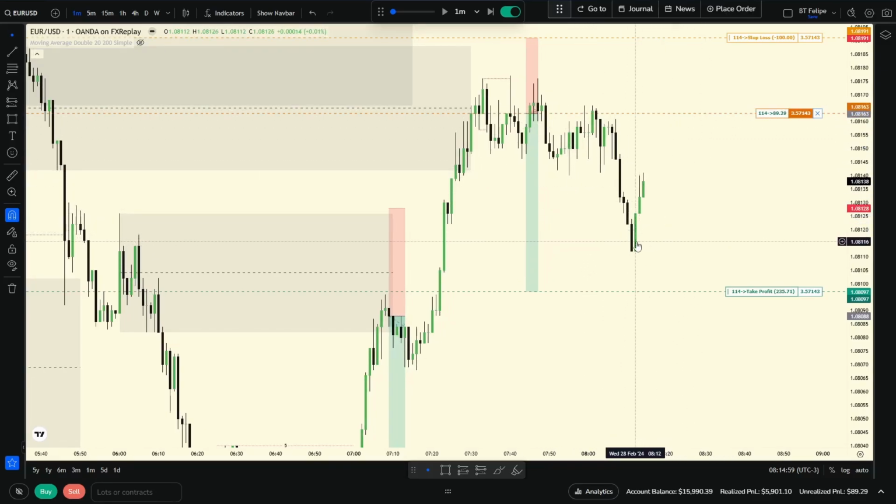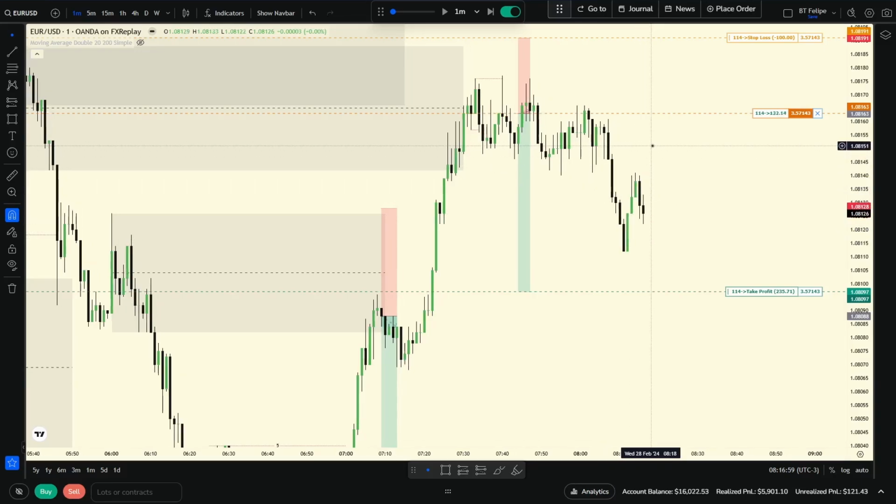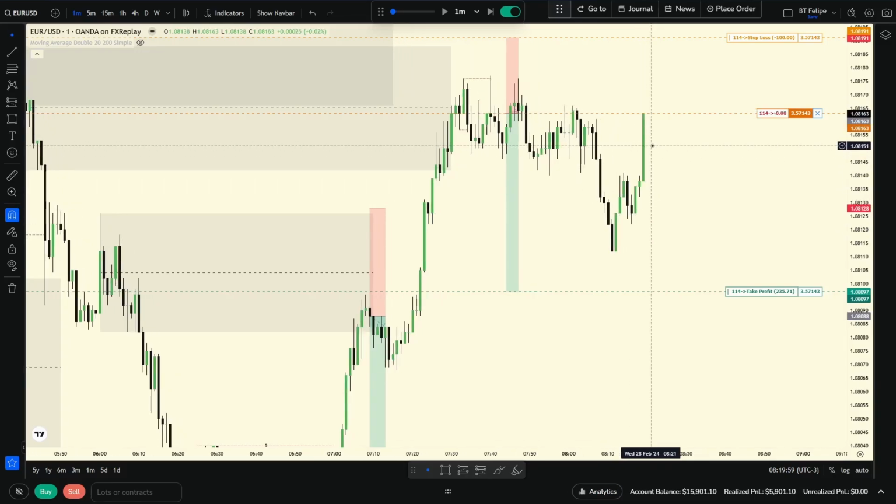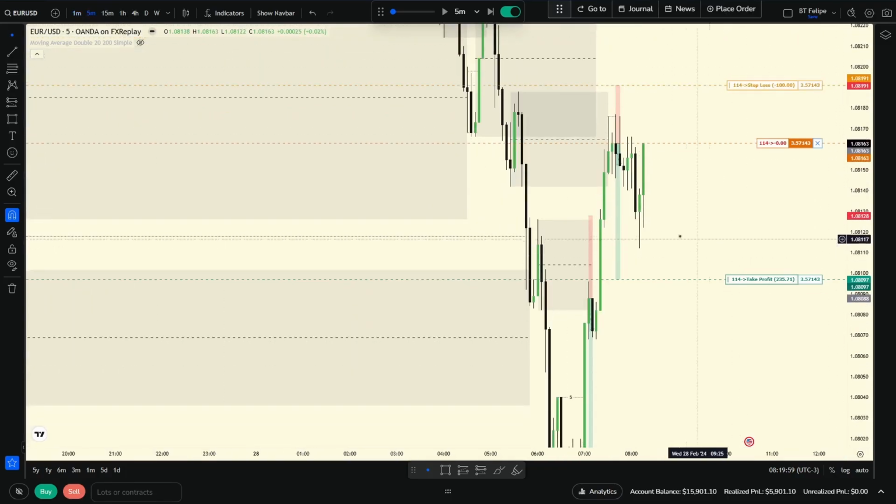Okay. This move is kind of strong. Price will stop at the break, but I don't use the break to enter positions.